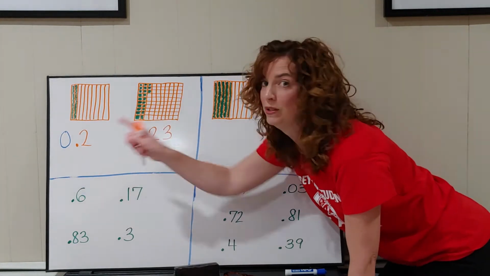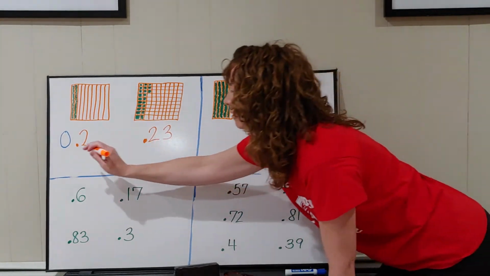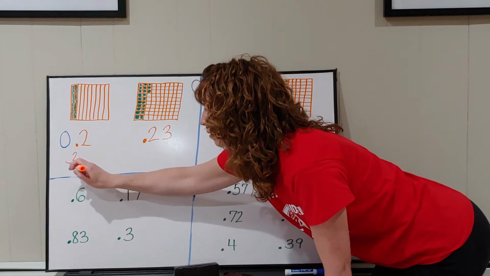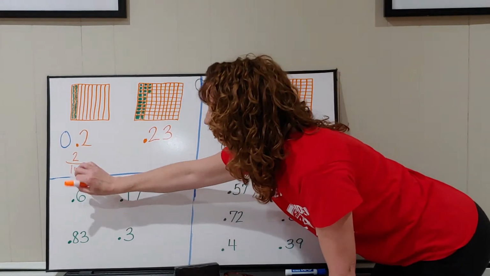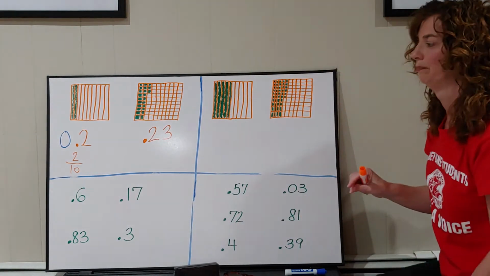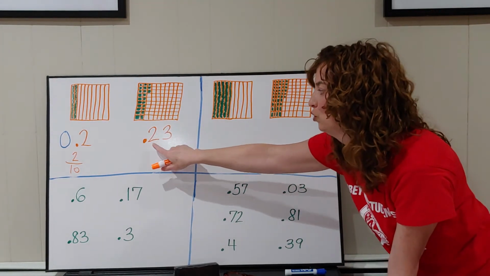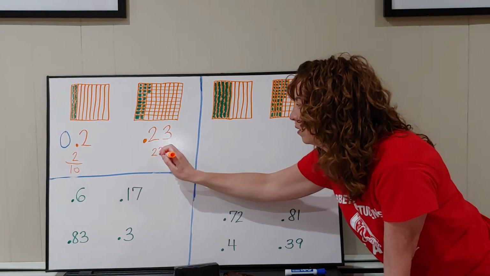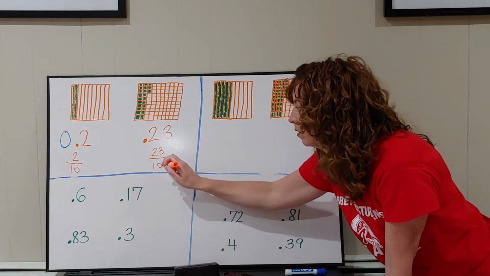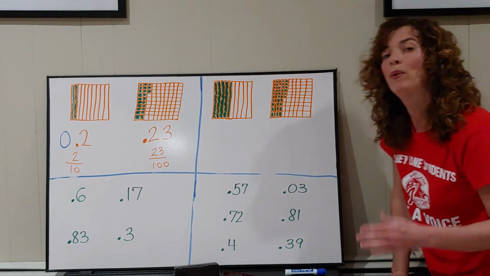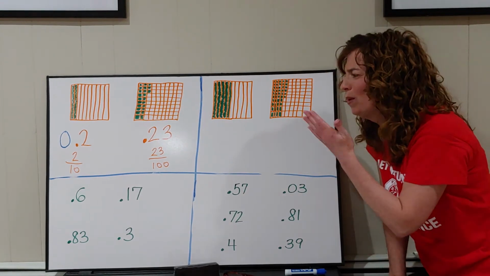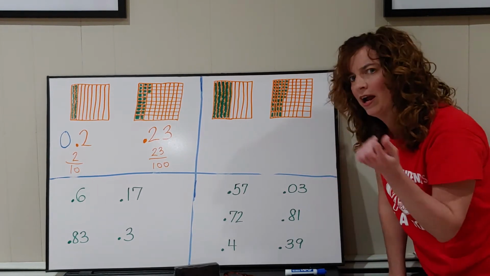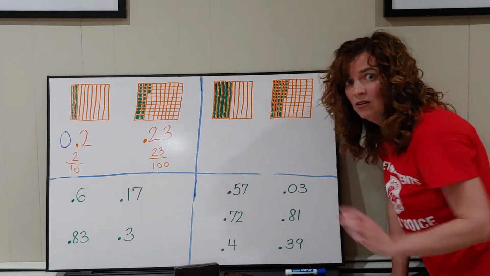So here we have 2/10. And over here we have 23 hundredths.